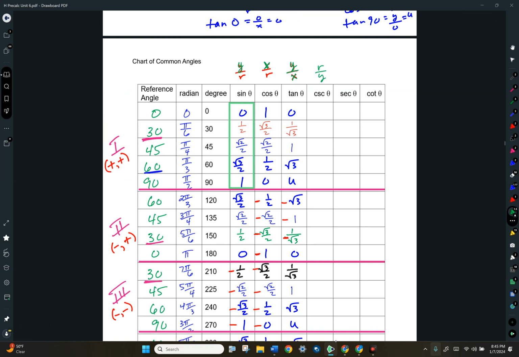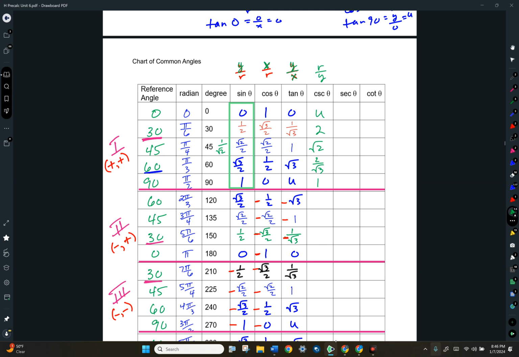So the reciprocal of 0 is undefined. The reciprocal of 1/2 is 2. The reciprocal of square root of 2 over 2: it's okay if you want to write 2 over square root of 2, but remember that first came from 1 over square root of 2. So it might be nicer to say that the reciprocal is square root of 2 over 1. And this one would be 2 over square root of 3. The reciprocal of 1, if you flip it over, is still going to be 1.